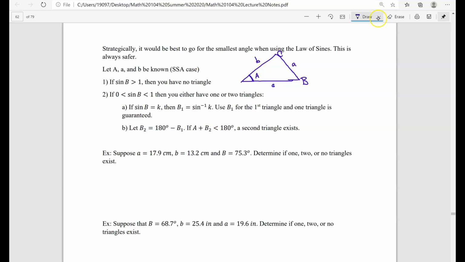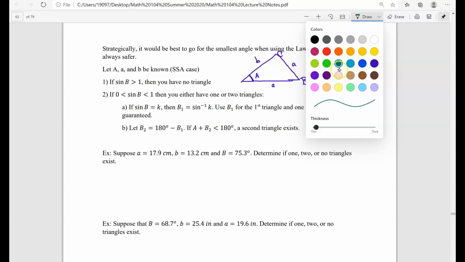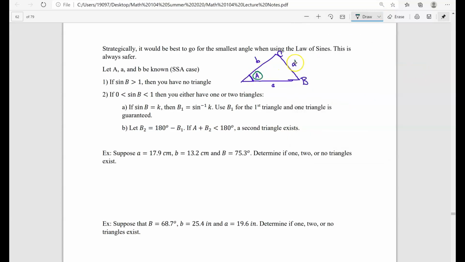I'm going to label them in a different color. Let's say green means that I know what these values are. Using the law of sines, I can use sine A over a equals sine B over b. In this case, what I'm looking for is this angle B, because I don't know what that is. So let's say I go ahead and use that.